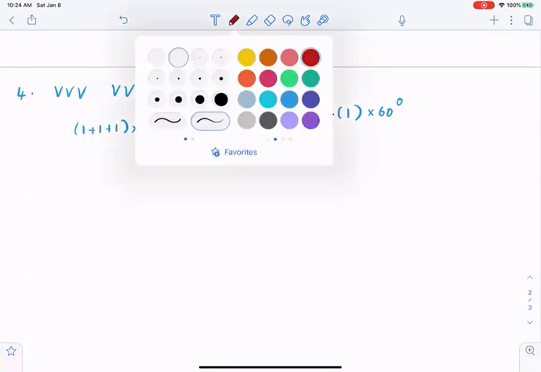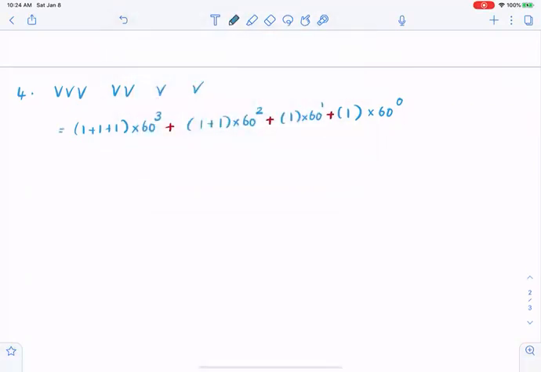So when we add them all together, we'll have 3 times 60 cubed plus 2 times 60 squared plus 1 times 60 plus 60 raised 0, which is simply 1, and 1 times 1 is just 1. And that comes to 655,261.